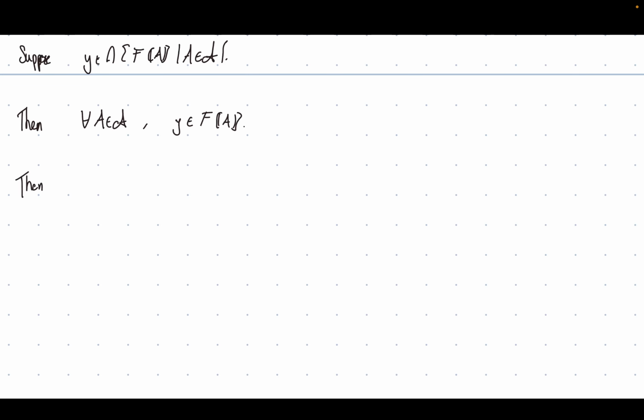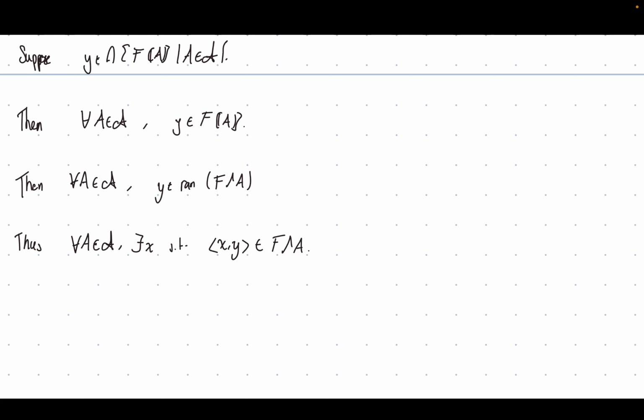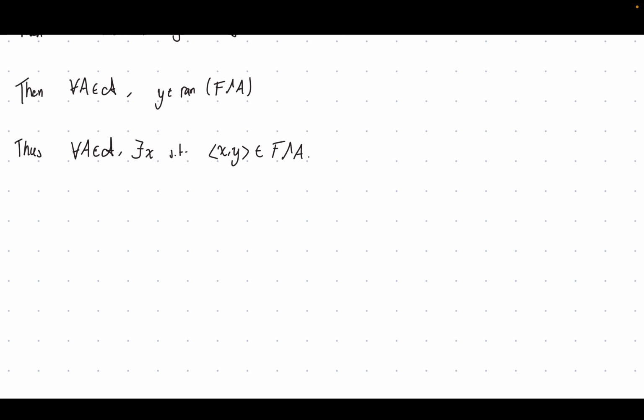Then what? For all a in script A, y is in the range of f restricted to a. Thus, for all a in script A, there exists some x such that x, y is in f restricted to a, right?